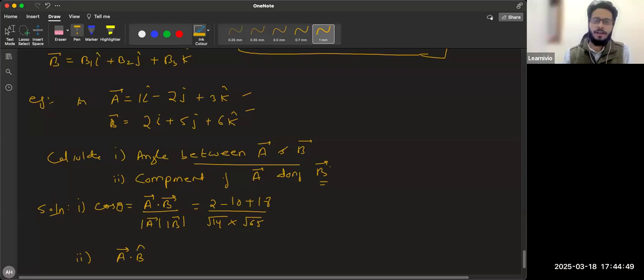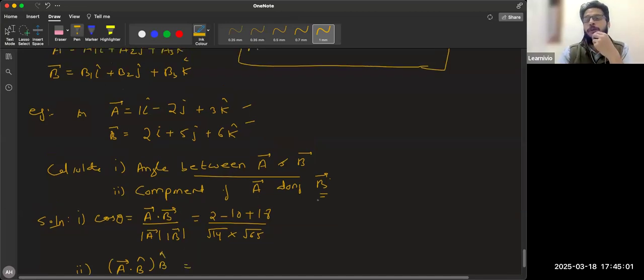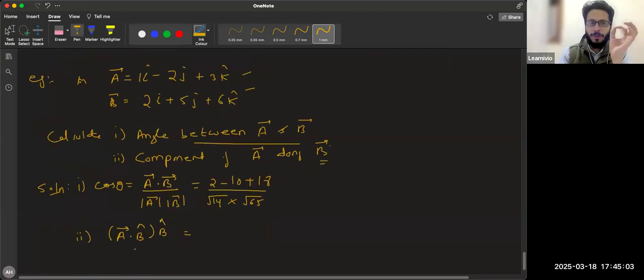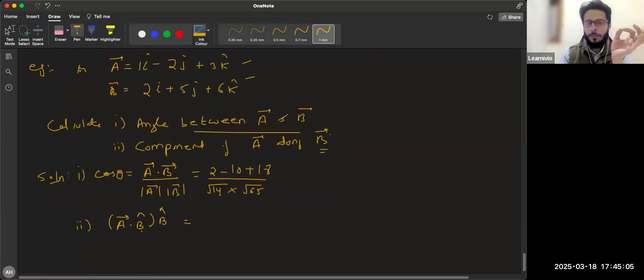It's a scalar, right? After a dot product, the result is always a scalar. So to make this a component vector, you have to multiply it with the direction of B also, that's B cap. So if a question gives the component of A along B, that means take vector A and take its dot product with B cap. This is the magnitude of the component. If you need the component vector, then just multiply it with B cap.